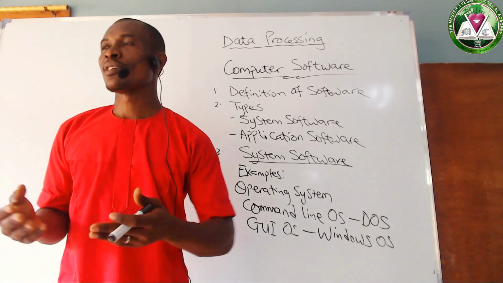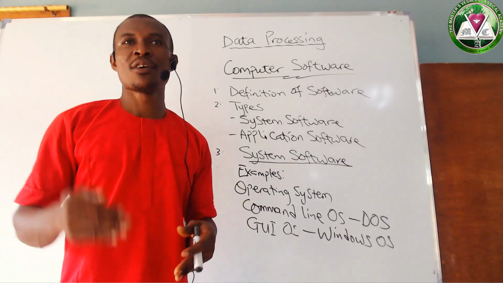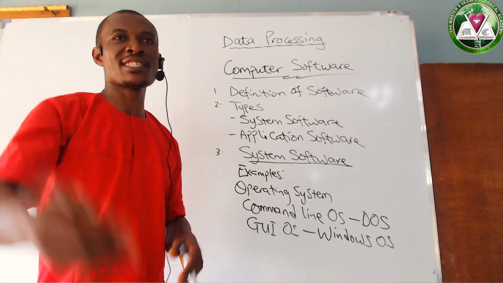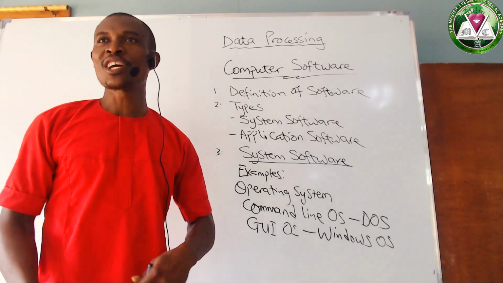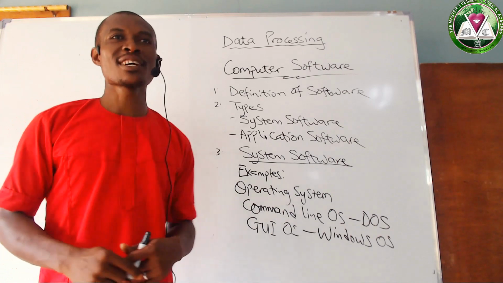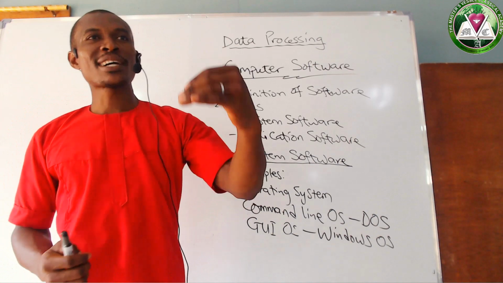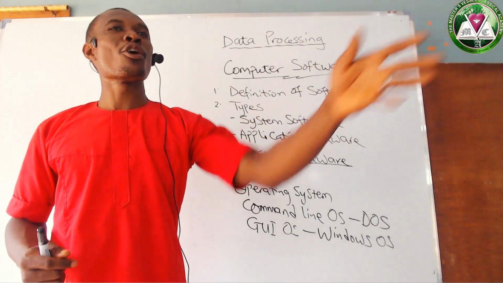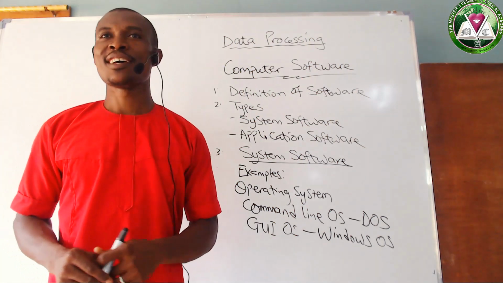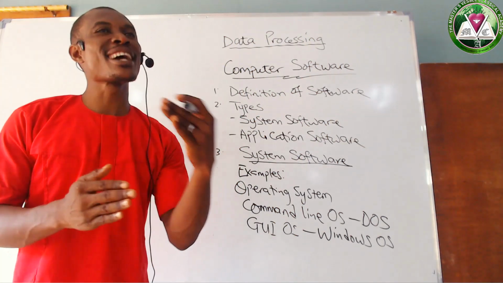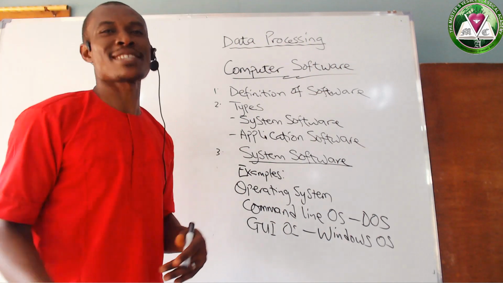Most times I use this analogy to my students: in a banking system where you have one cashier attending to customers, and you have a very long queue. In order to speed up the rate of transaction, the bank can decide to bring in one or two more cashiers, and you see the same task is being carried out by two or three persons, making it faster.